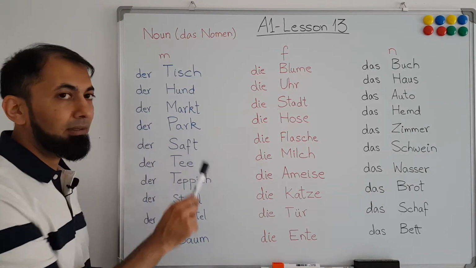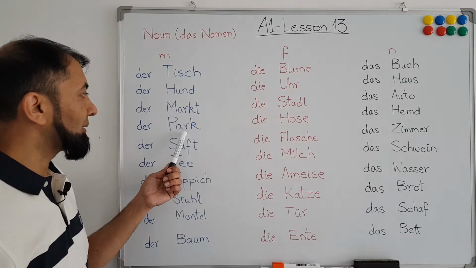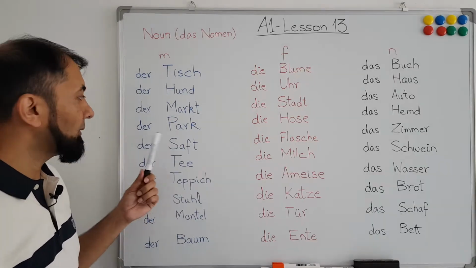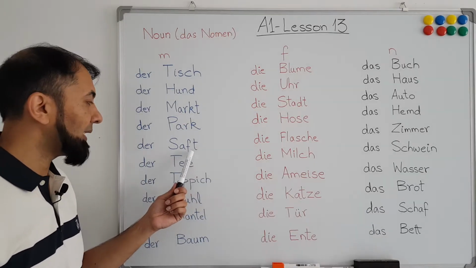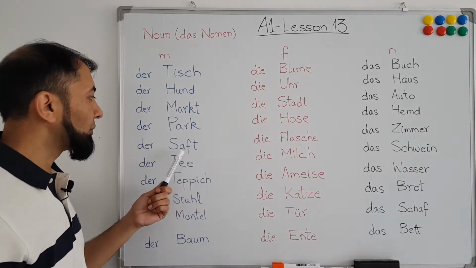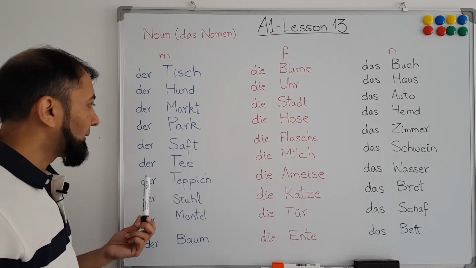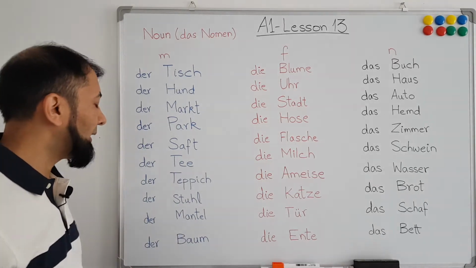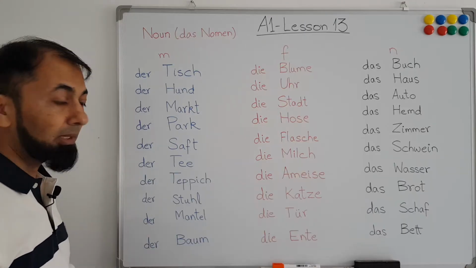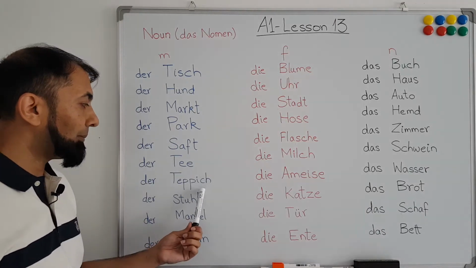Der Park. Park in German language is also a masculine noun. Der Saft. Saft is juice. So juice in German language is masculine. Then we have der Tee. Tee means tea in English language, and it's a masculine noun. Der Teppich.